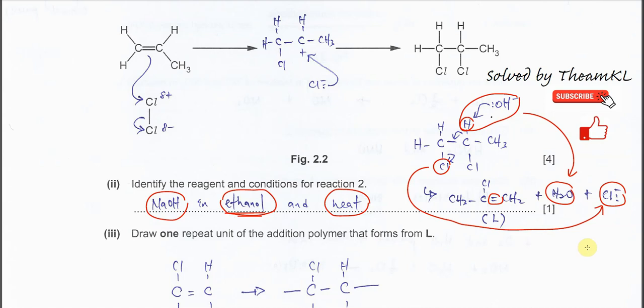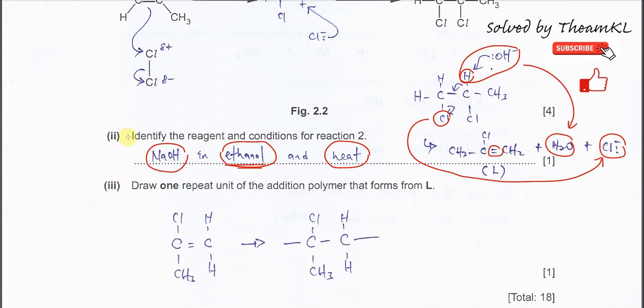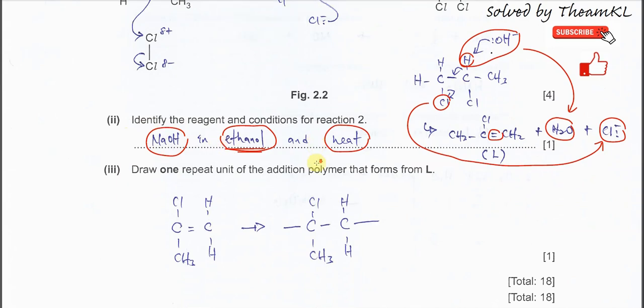So after the reaction you get three species: one is the compound L, another one is H2O, another one is chloride. So this is the reaction. So part 2 is sodium hydroxide in ethanol and heat.